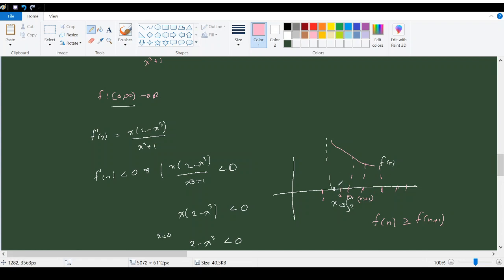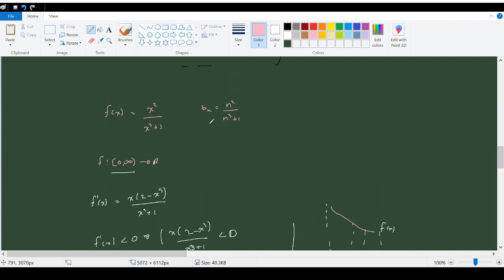So that means except for n equals 1, for all the other n integers, this relationship will hold true, right? Not this way, the other way, right?